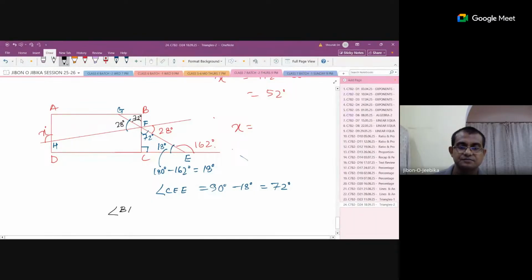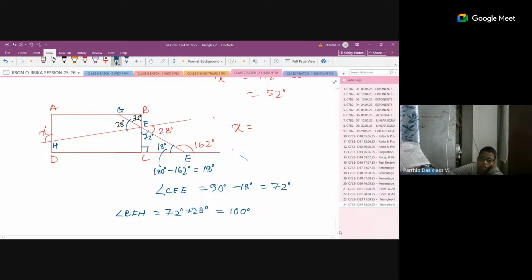So angle BFH, sorry, angle BFH is equal to 72 degree plus 28 degree, that is equal to 100 degree.